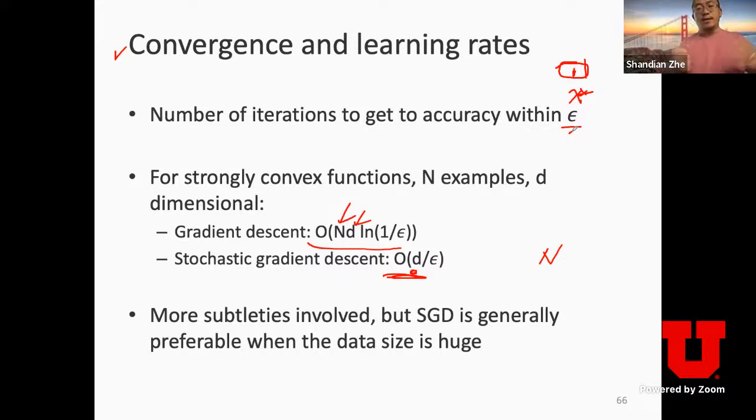So we found that to achieve the same kind of convergence, stochastic gradient descent is not affected by the number of training examples at all. Even better, it is possible that within one epoch, even before you have passed through the entire training set, you have already converged to the accuracy within epsilon. That's why in practice, people always like stochastic gradient descent.